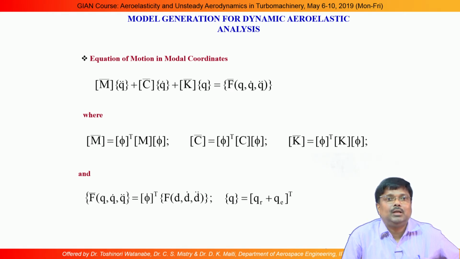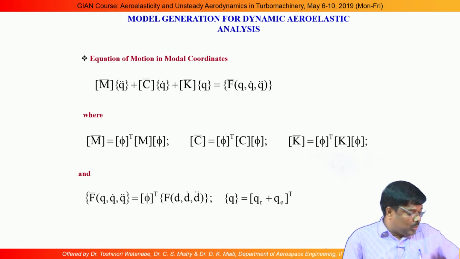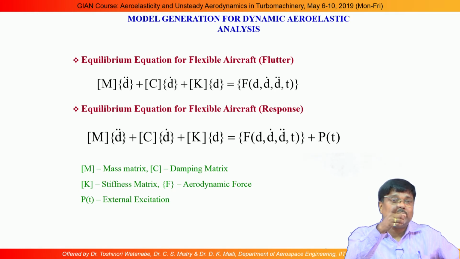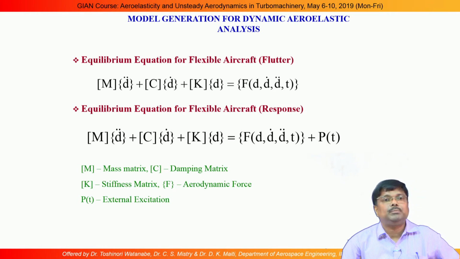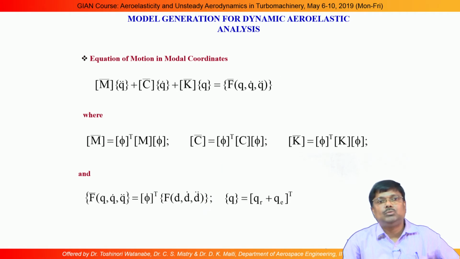Let us look at that. Whatever I have shown here is based on the structural deformation, the physical deformation. But dynamic aeroelastic analysis specifically we have to do in the modal domain, where first modal analysis is done, and then we get the modal vector phi.